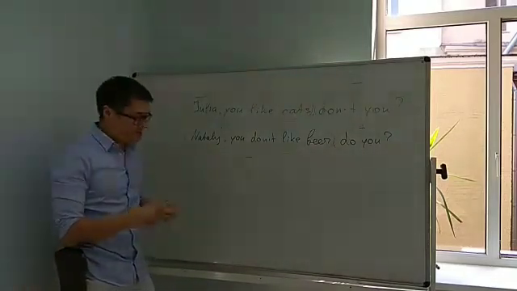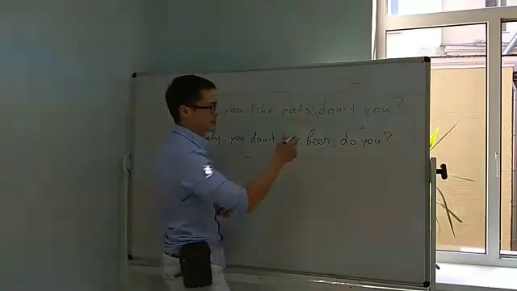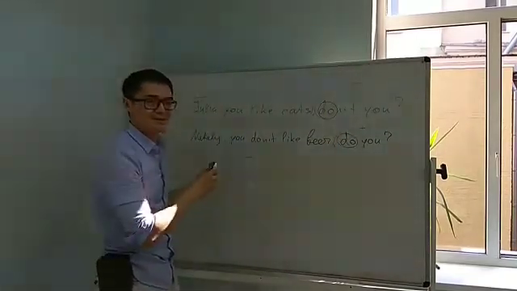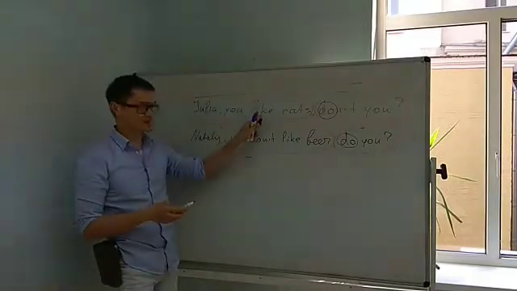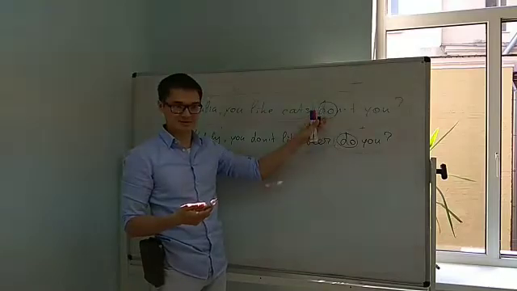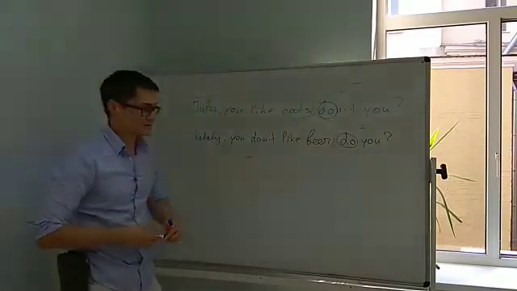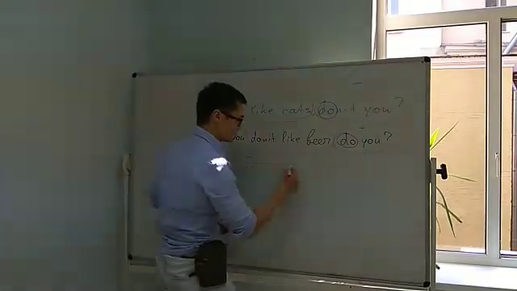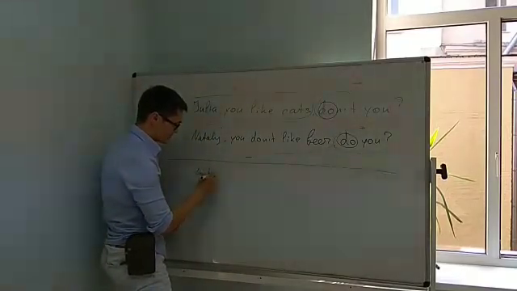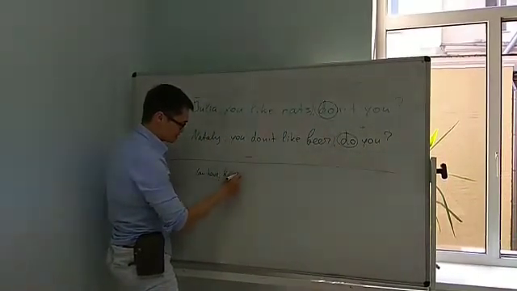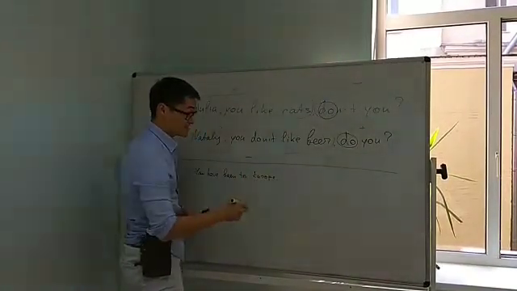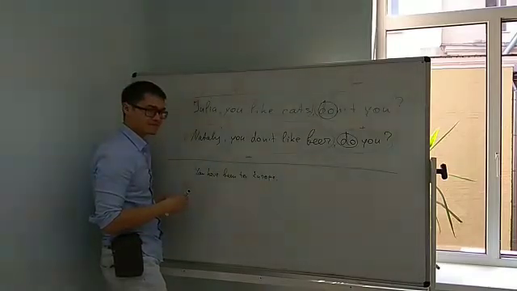And of course, guys, you have to pay attention to the fact that your tag must be in the same tense as your statement. Now we have, what? You like, it's present simple, so your tag will use the auxiliary verb of present simple. Now if we make it present perfect, like Julia, you have been to Europe, haven't you?